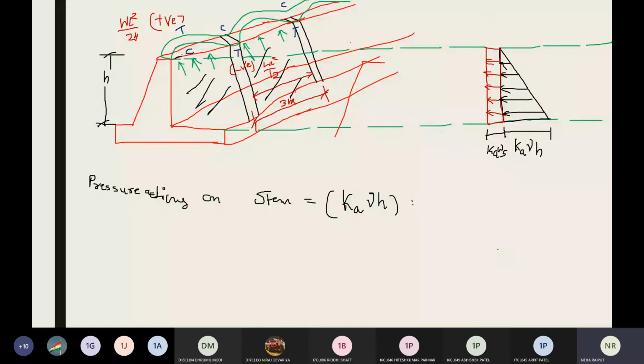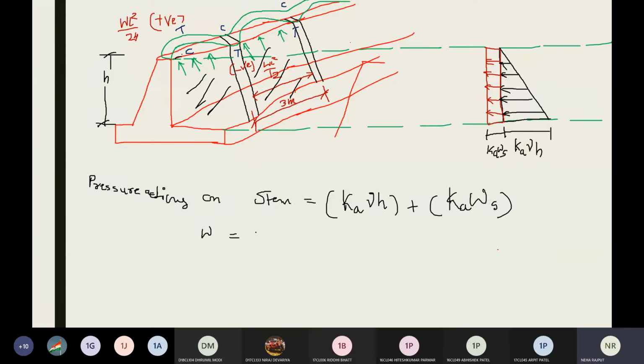Ws is in kilonewton per meter square. So you can find the pressure acting on the stem. Pressure in terms of UDL load per meter is acting throughout the stem. So this will be your W1.